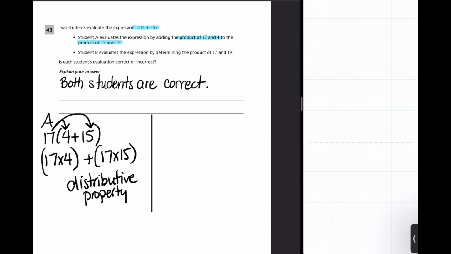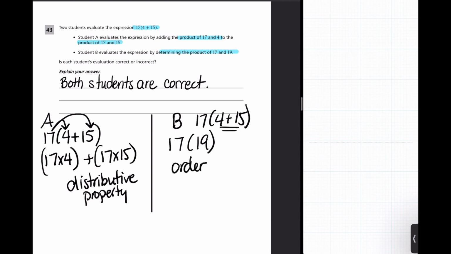And student B evaluates the expression by determining the product of 17 and 19. So B does the product of 17 times 19. So how did he get the 19? He just added the 4 and the 15. So he just used order, or she, order of operations.